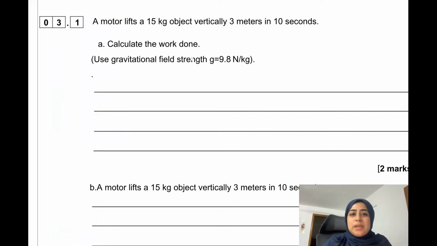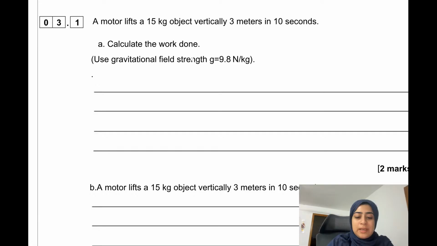It says a motor lifts a 15 kg object vertically 3 meters in 10 seconds. Calculate the work done. Here we know that the gravitational field strength is 9.8.